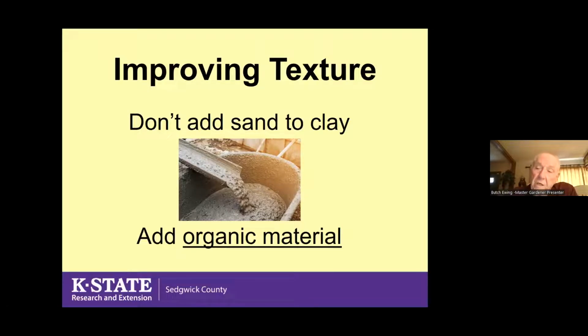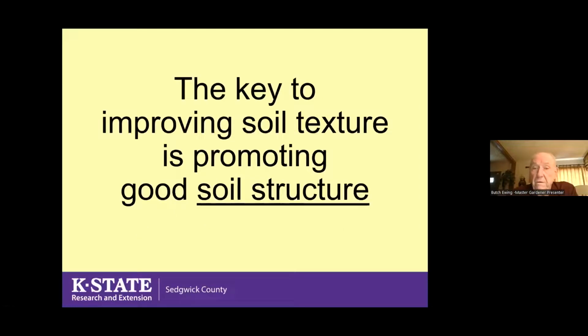The real key to improving soil texture, and this is true no matter what kind of dominant particle you have in your soil, is to add organic matter. That is the key to improving your soil texture.